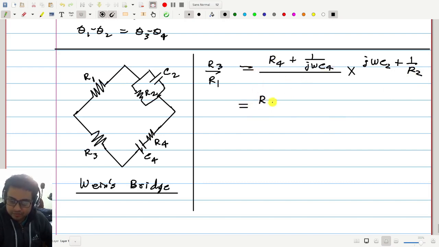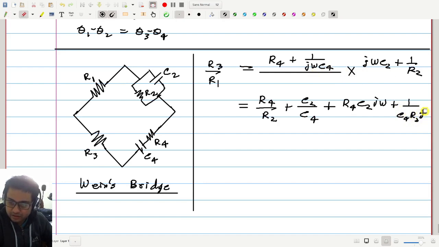Now I have to multiply, no other choice. R4 by R2, then C2 by C4 plus R4 C2 j omega plus 1 by C4 R2 j omega. Please check my calculation.